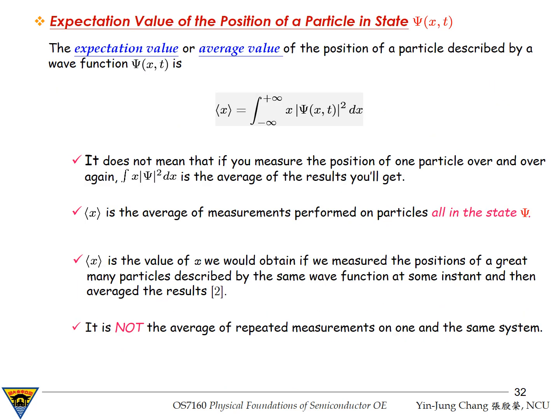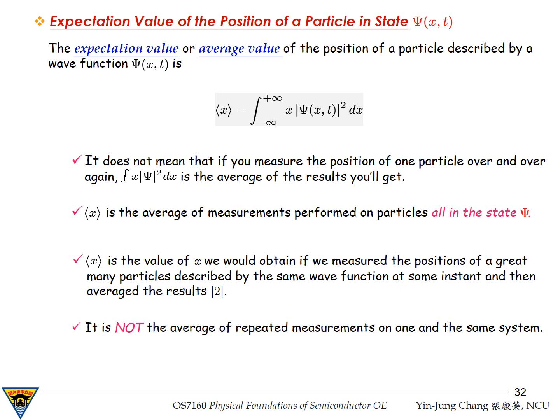Now let's begin with the expectation value of the position of a particle in state psi. Suppose a particle is described by the wave function psi. Since the absolute square of psi is the probability density for finding the particle at position x at time t, the natural question is, what is the average position we should associate with this state?